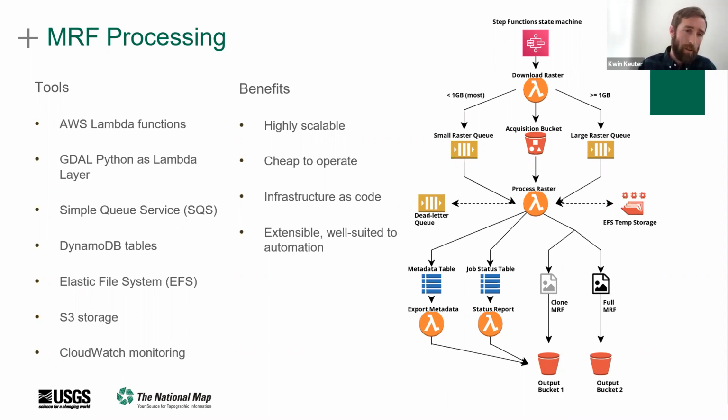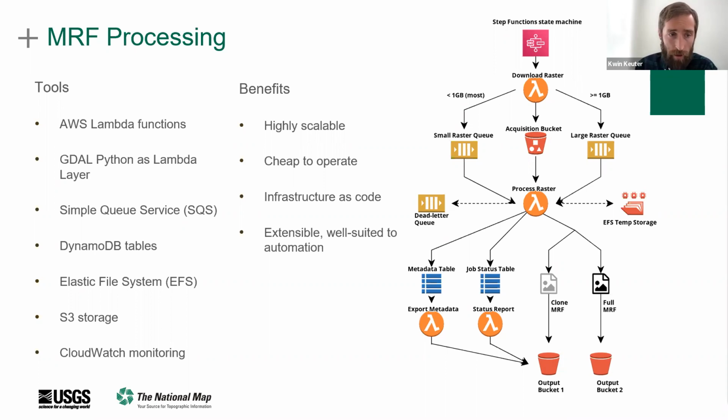Then we use the Simple Queue Service to stage messages. Each message would say, this image is going to be processed next, here's where it lives in S3, here's how big it is. Part of our workflow relies on determining how big the image is, because if it's really, really big, we have a little bit different way of processing it. So we just need to know how big it is.